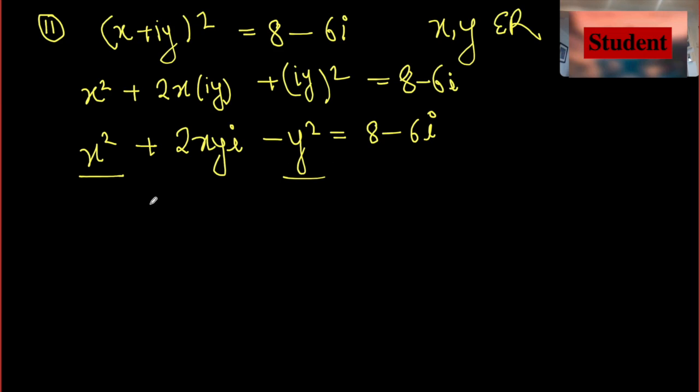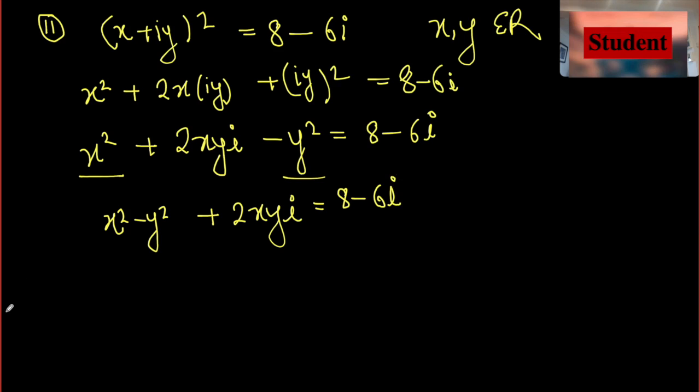So can I write x² − y² + 2xyi is equal to 8 − 6i.